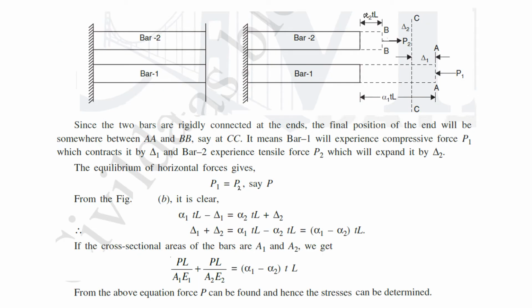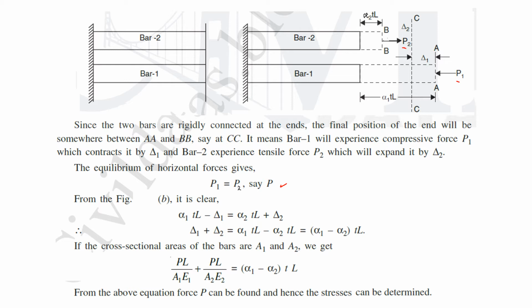Now let us consider the equilibrium of forces. P1 is a compressive force in bar 1, P2 is a tensile force in bar 2. For the equilibrium of forces, P1 should be equal to P2, and let this be equal to P. Now let us examine the case of bar 1.